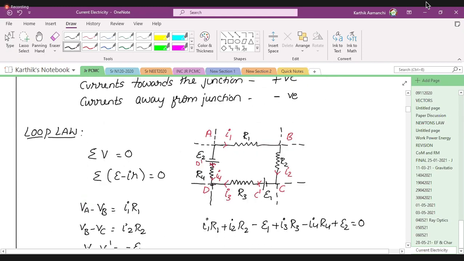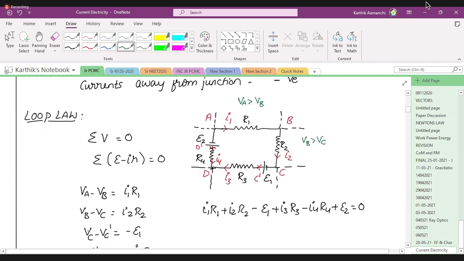Now let's understand what you mean by potential drop and potential rise. See, VA is greater than VB, that's why your current is going from A to B. Now come from here to here. VB is greater than VC, hence your current is going from B to C. Come here, this is the positive terminal, its potential is greater than the negative terminal potential.